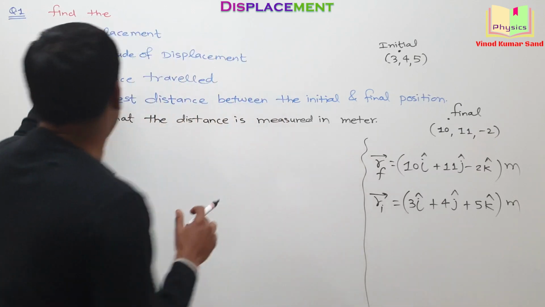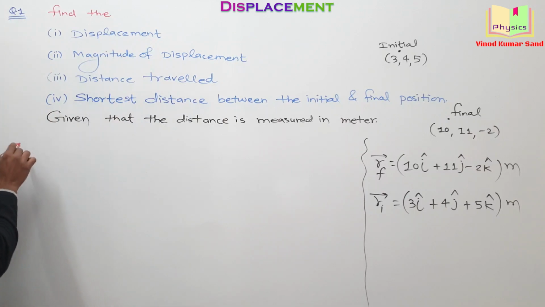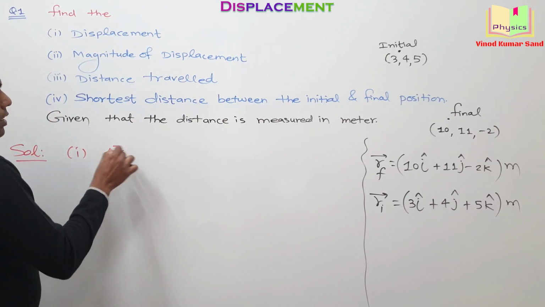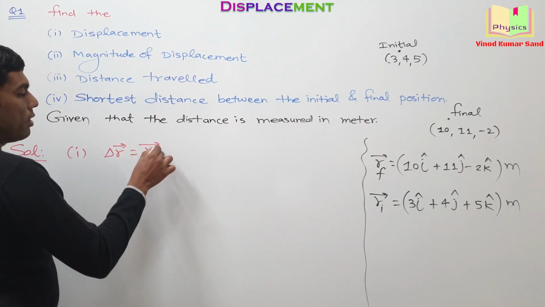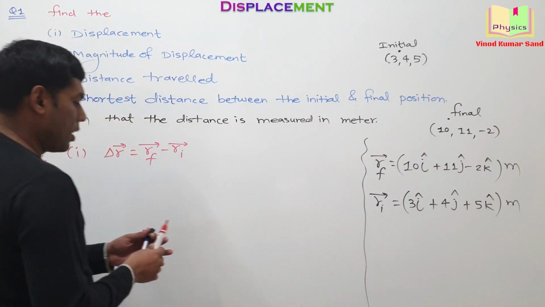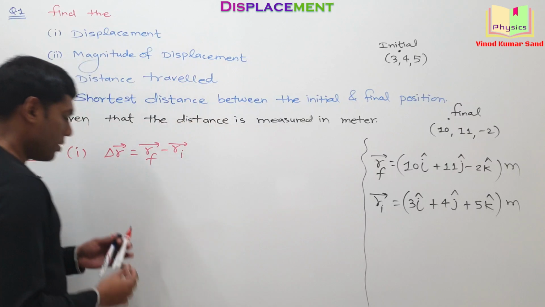First answer is then pretty simple. They are asking for the displacement. So the displacement is written as R final vector minus R initial vector. You can do the calculation very easily. 10 i cap minus 3 i cap.